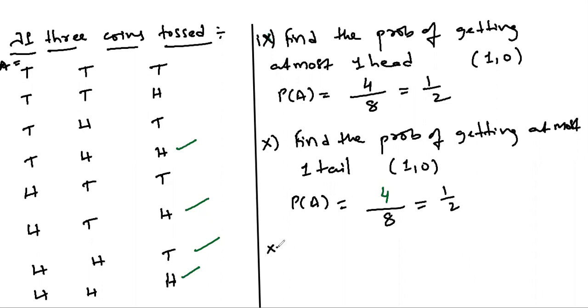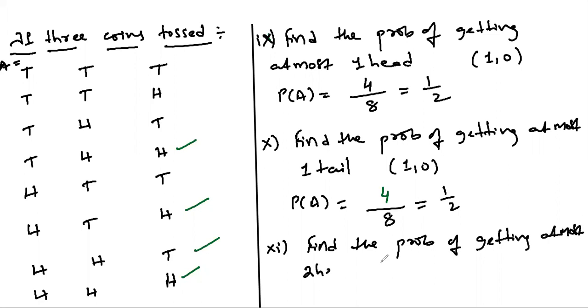Next, find the probability of getting at most 2 heads. 2 should be the highest. 2 comma 1 comma 0 you have to take.